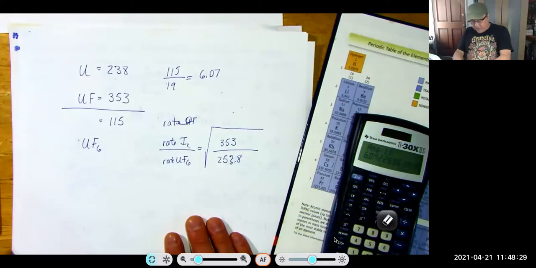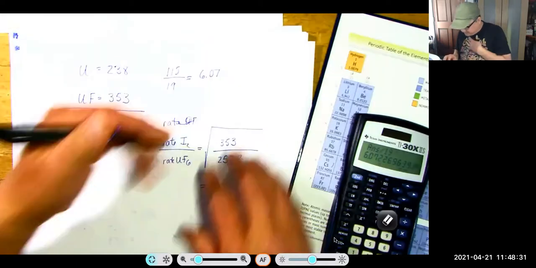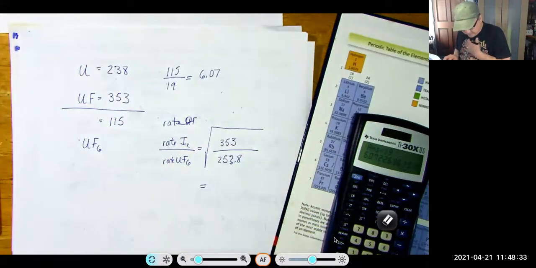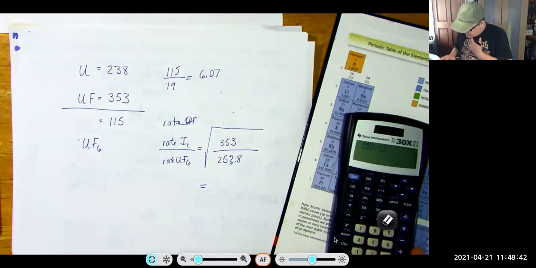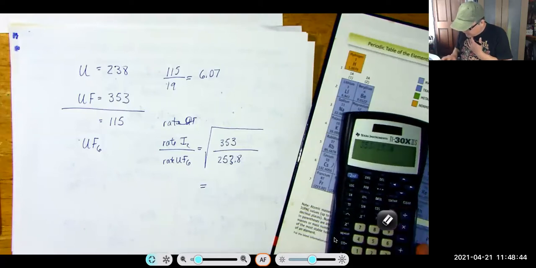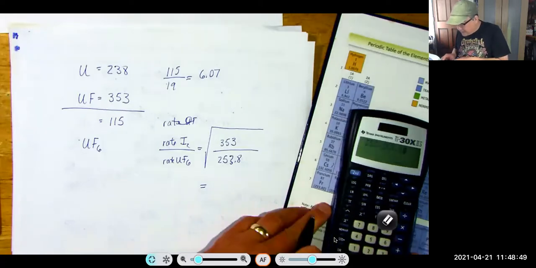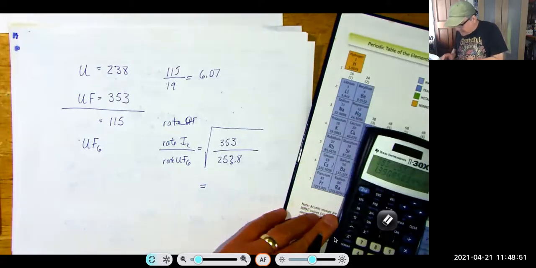And here, when we do this value, we get 353 divided by 253.8. And then I take the square root of that, which I didn't do to begin with, darn it.